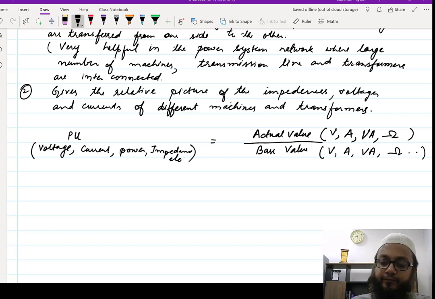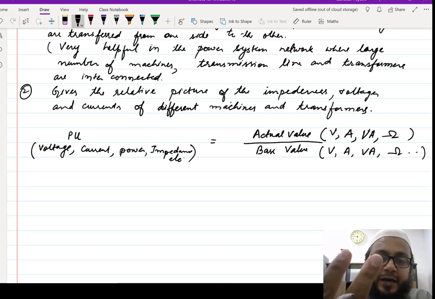In a network where a lot of components are connected, a lot of machines, alternators, transmission lines, transformers, we have to define the base values in different regions.